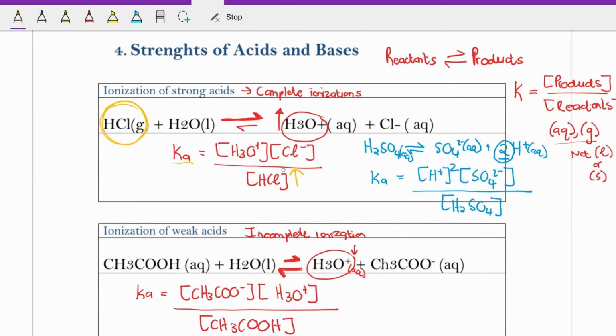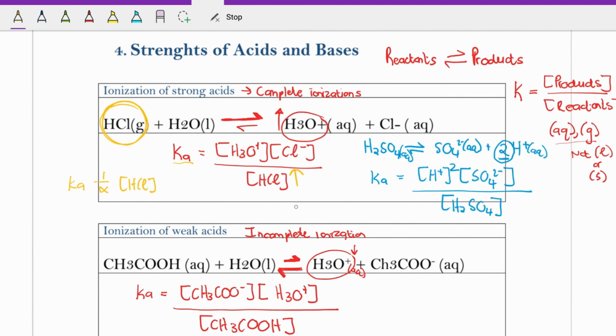that means that the relationship, because if you look at the expression, you can see that Ka is not directly proportional, okay, it's inversely proportional to the concentration of hydrochloric acid.